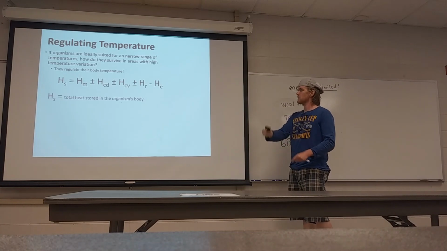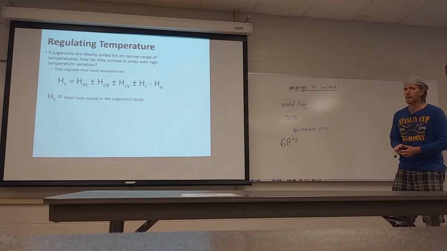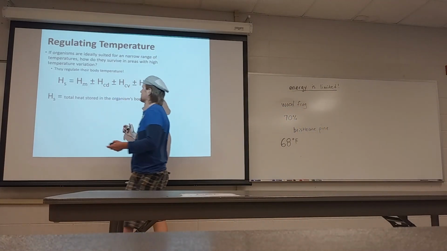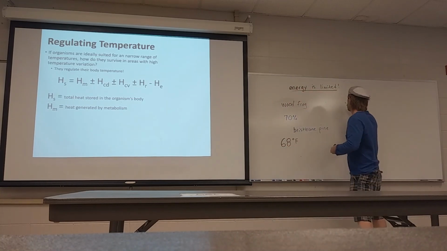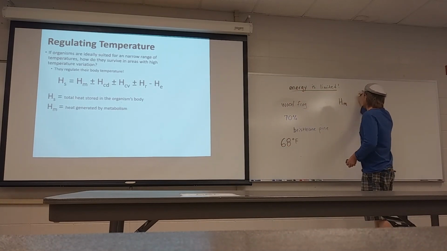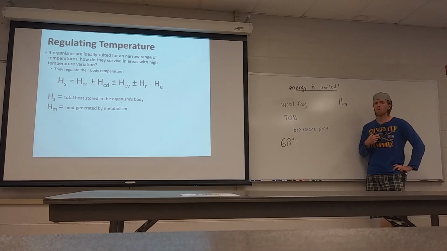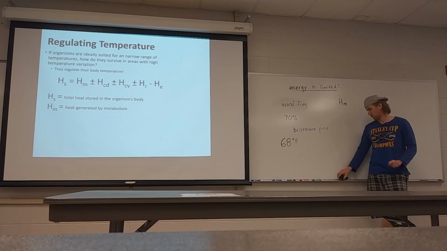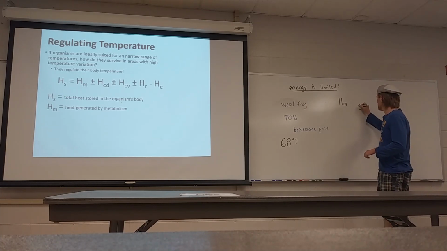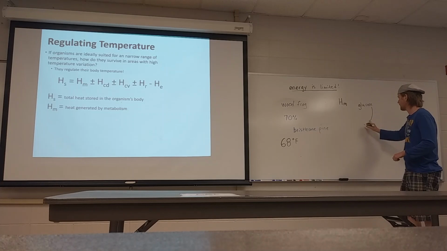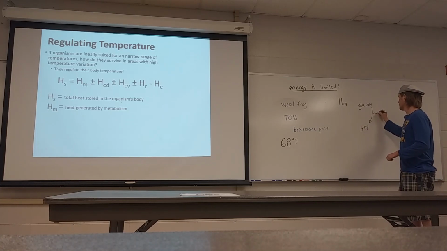The H sub S is the total heat stored in the organism's body. That equals the sum of all this stuff. Let's start with H with the subscript M. Heat generated by metabolism. Let's say you're going to eat a pizza. In that pizza, there is a lot of energy stored in the form of glucose, lactose, among other things. Your body has to break down glucose and the other sugars, and in the process of doing that, it's going to release some heat.